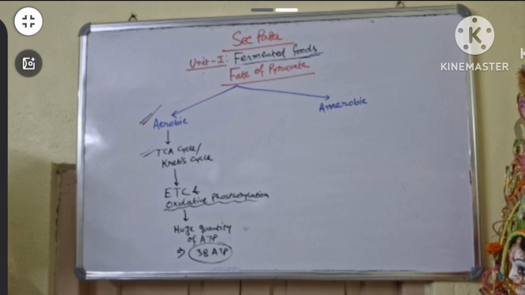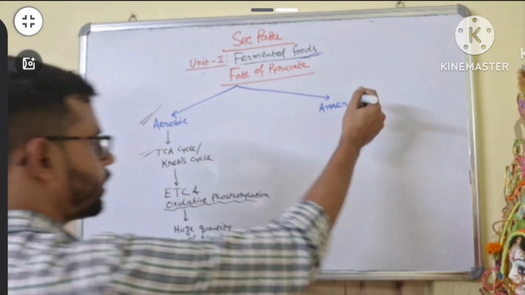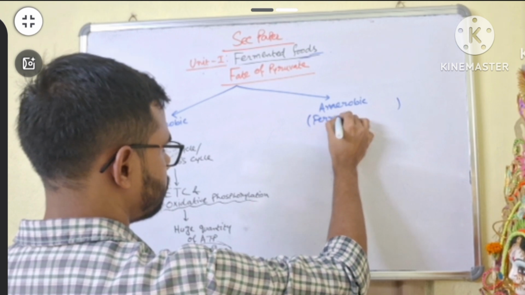But pyruvate has another option depending on the cell. It can enter anaerobic respiration, that means fermentation.